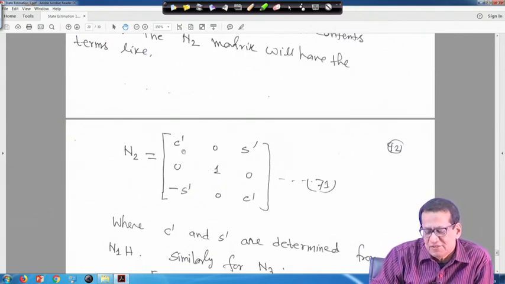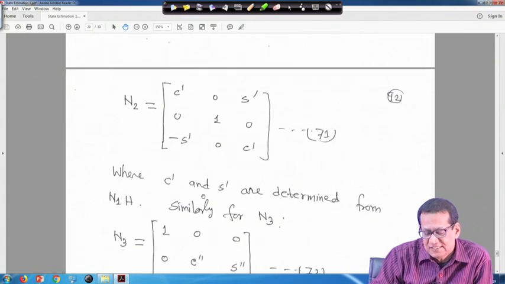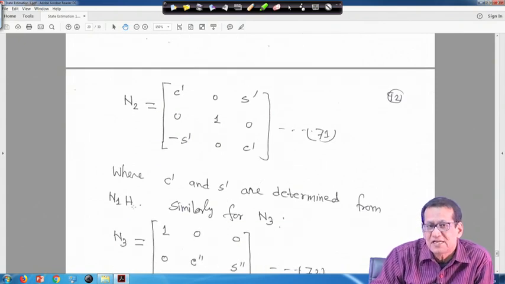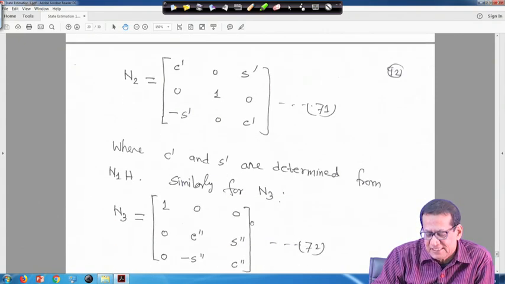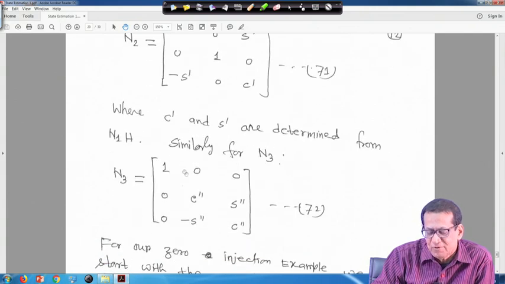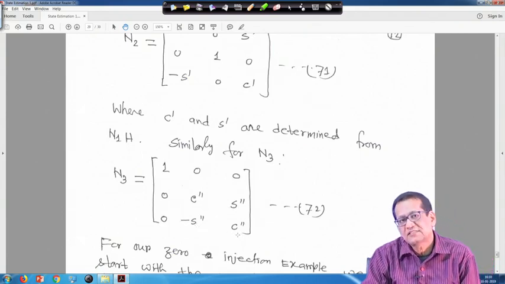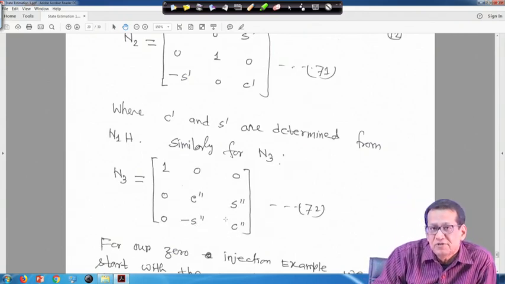So, N 2 is equal to C dash 0 S dash, 0 1 0, and minus S dash 0 C dash, where C dash and S dash are determined from N 1 H. Similarly, for N 3 it will be 1 0 0, 0 C double dash S double dash, 0 minus S double dash C double dash. This way you have to evaluate.